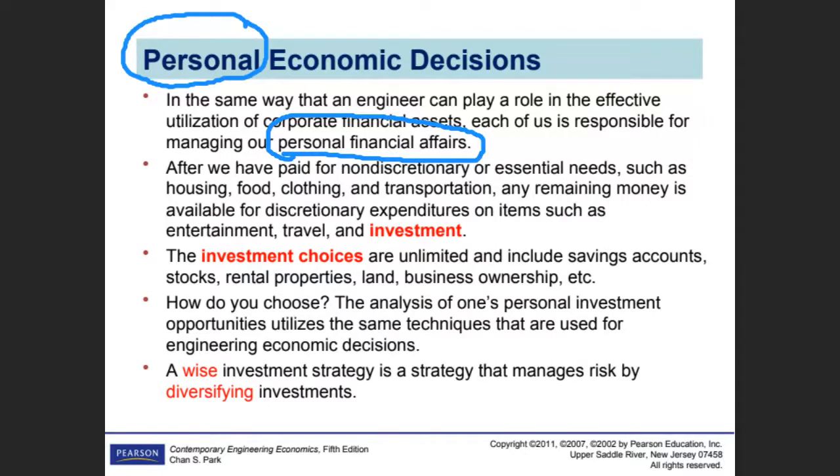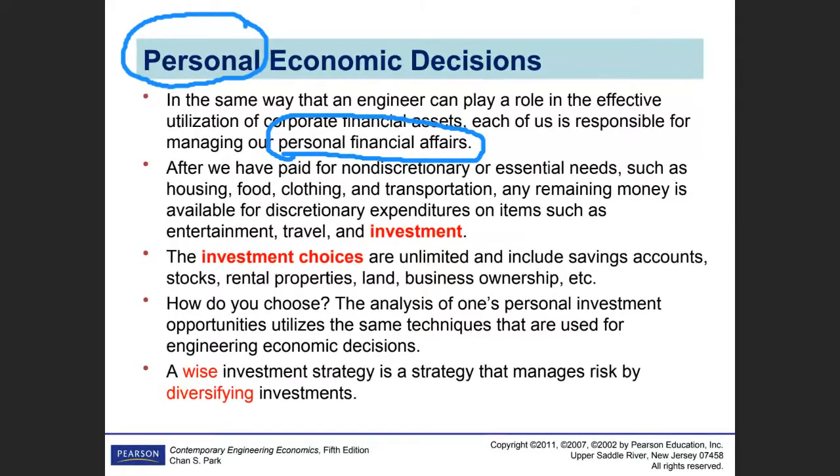Now, the same thing you can apply for corporations. As an engineer, when you work, a corporation has limited financial resources, so you have to manage within those resources. You have to make decisions, right? So how will you make decisions for yourself? Understand this concept and how you relate it to yourself.